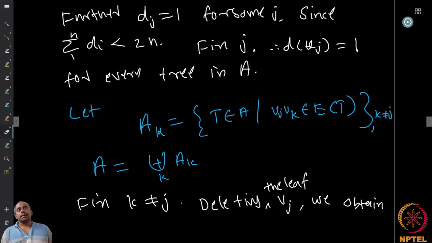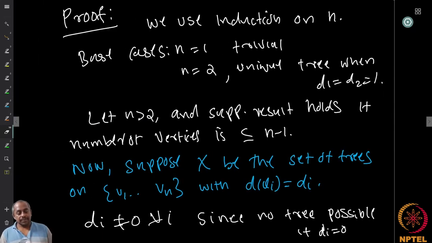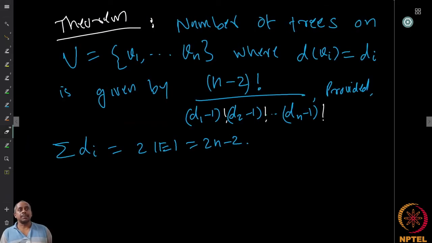Now, suppose dj is equal to 1 for some j. This we can always assume. Why? Suppose for every di was greater than or equal to 2, then we have n di's, so the sum is going to be at least 2n, which is greater than 2n minus 2.